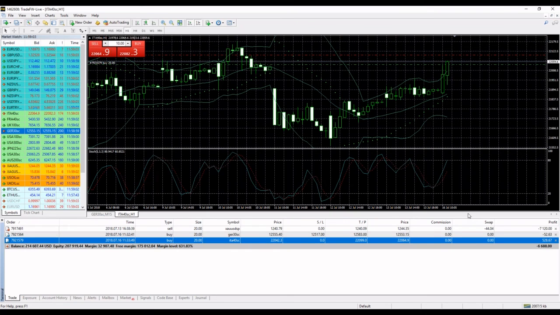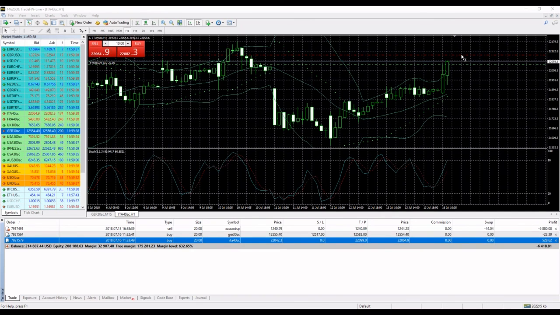I'm now thinking if I should lock my profits of $529 and open a second trade when I'm in profit, or if not, I will let it run. We are making right now $645 on Italy 40.